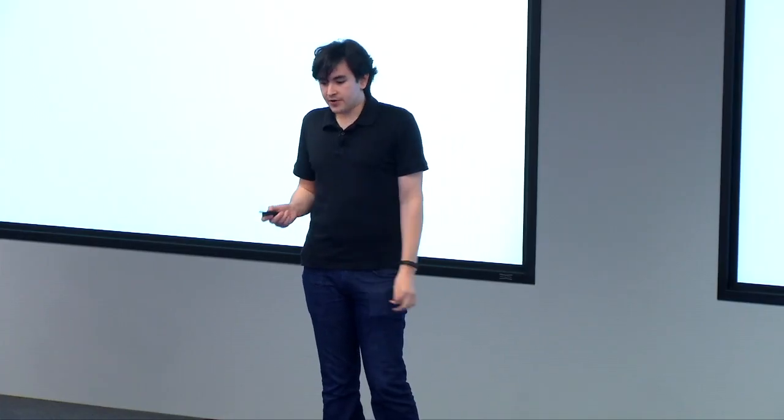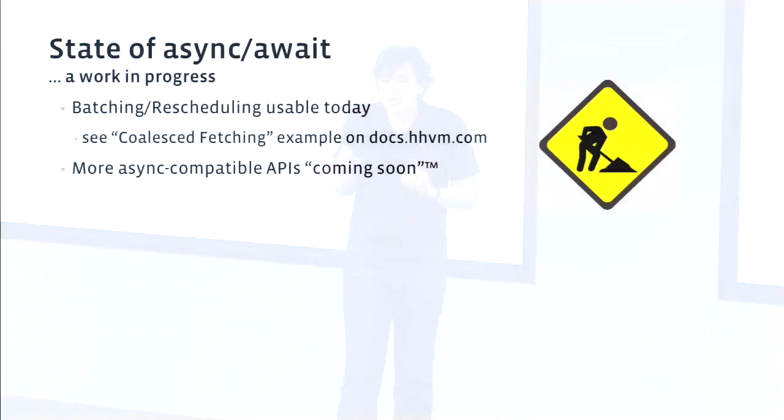So the current state of async await is still a little bit of a work in progress. We have the whole chain of dependencies worked out. We have the top-level entry point. The stuff at the bottom, we're still working on open sourcing and polishing up. So what works today is using async and await for batching and rescheduling. And there's a great coalesced fetching example on docs.hhvm.com.